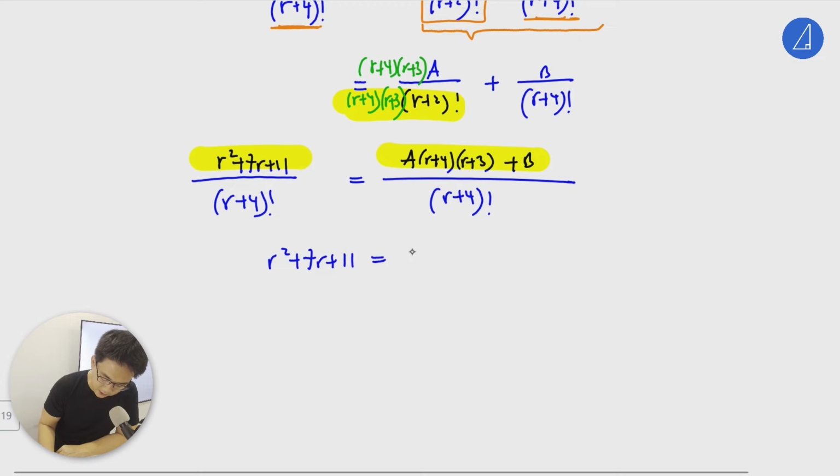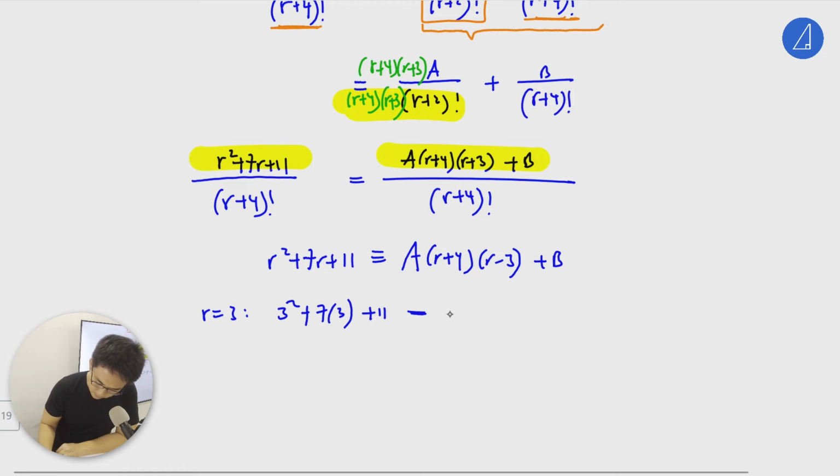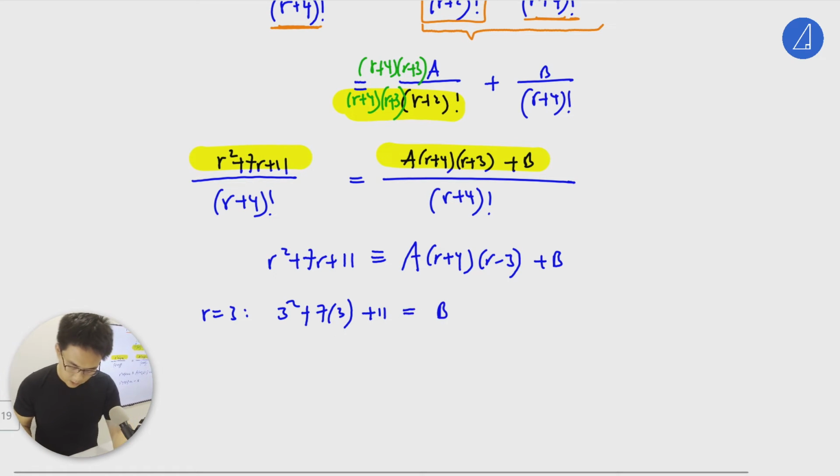Maybe I can just let r equals 0, r equals 3. Okay, sorry, r equals negative 3.